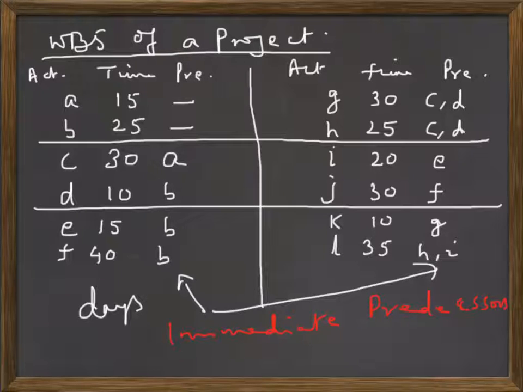Somewhere like, say, here, G, you find that there are two immediate predecessors, C and D both. So G can be started only when C and D both are over. If only C is over and D is not over, we cannot start G. And same way, if D is over but C is not over, still we cannot start G. It is necessary that all the immediate predecessors for an activity are completed before the activity starts.